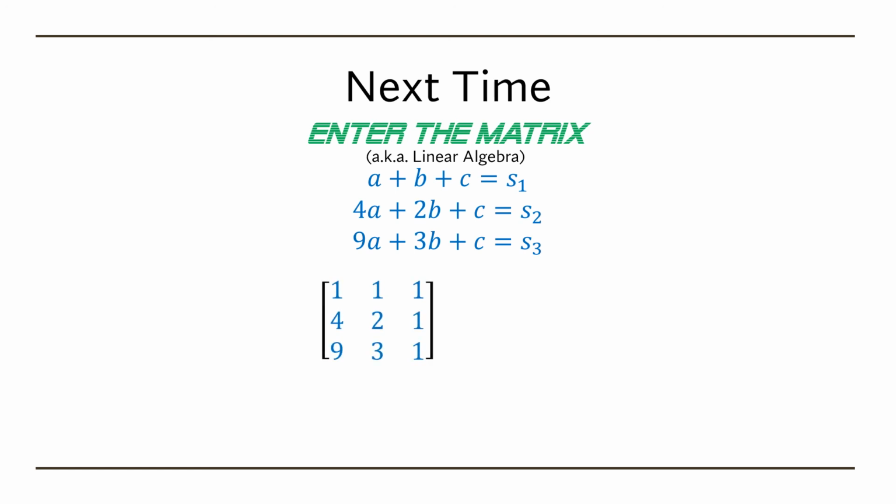And as a preview, we're going to take this square matrix, multiply it by this column vector, set it equal to this column vector, and we're going to solve the problem easily.